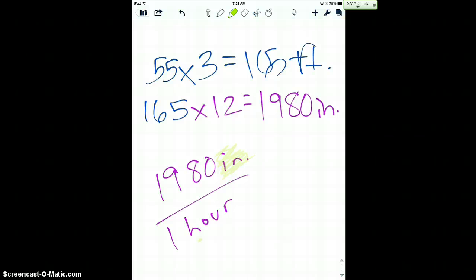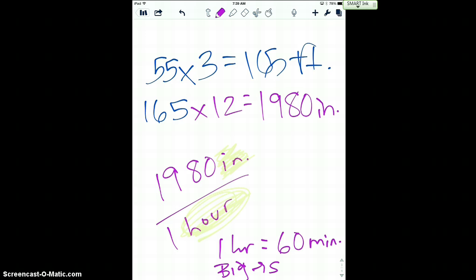And now we need to change the hours into minutes. So our conversion factor there, every hour has how many minutes? So hopefully you're saying this out loud. There are 60. So we're going from a bigger unit to a smaller unit.